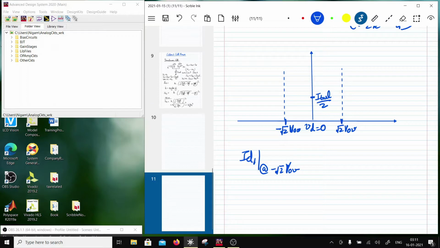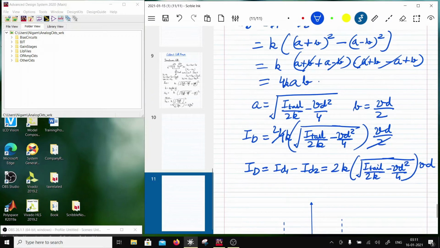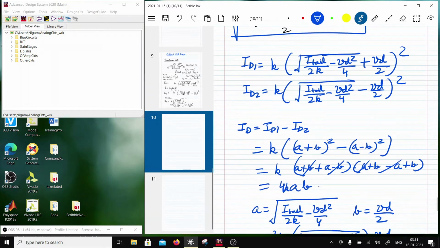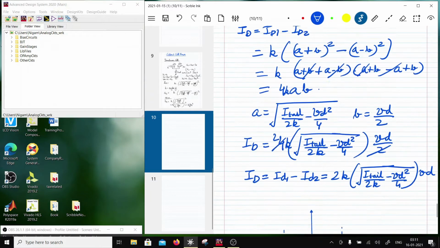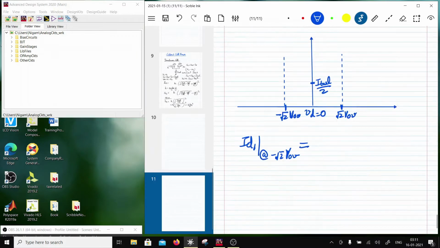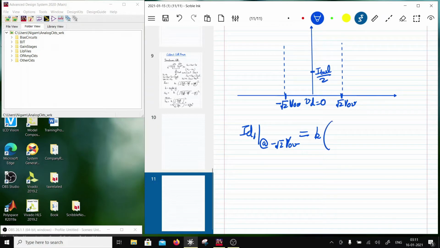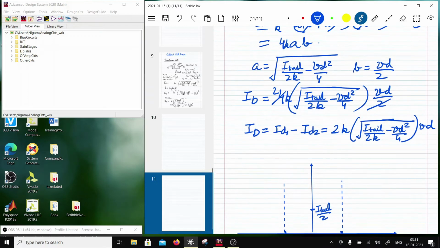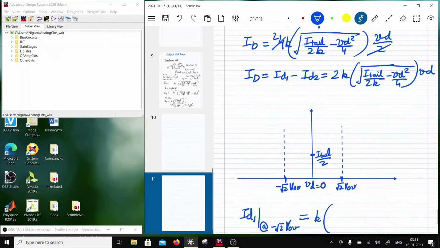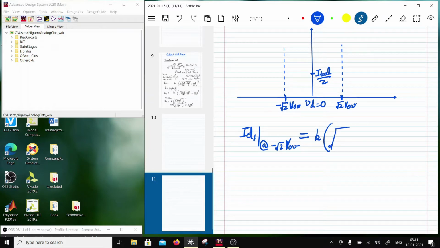So this would be equal to k times of root of I tail by twice of k minus Vd square by 4.